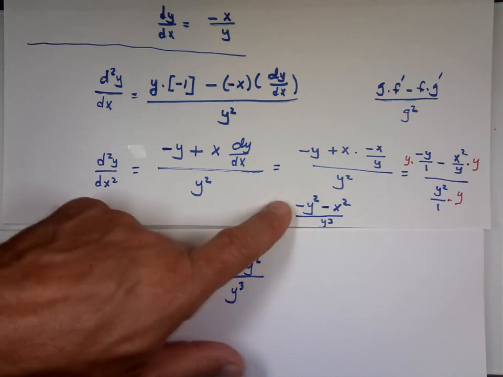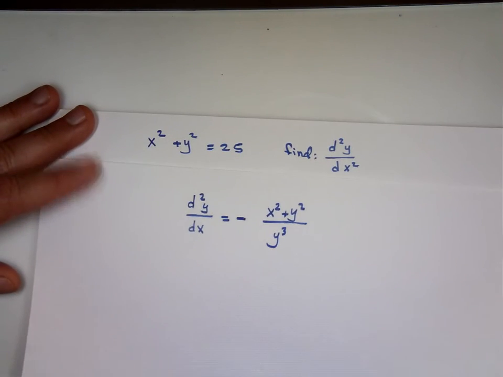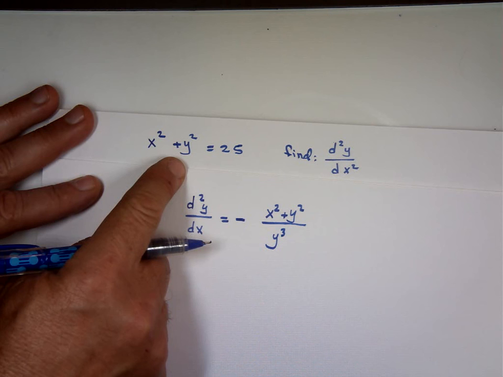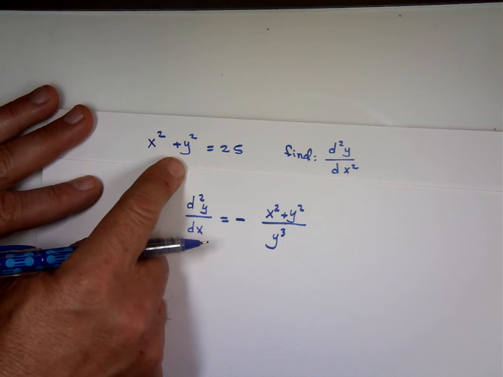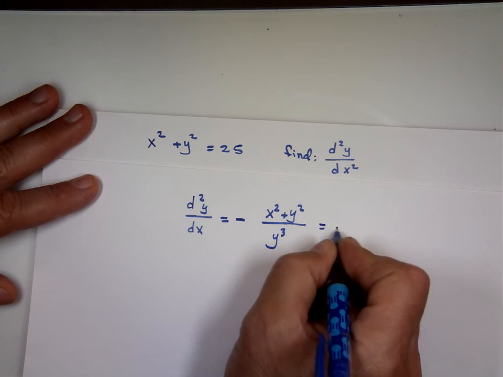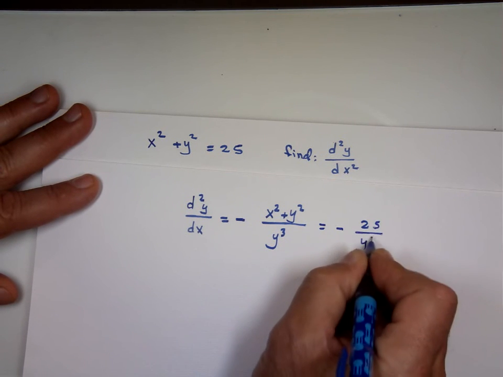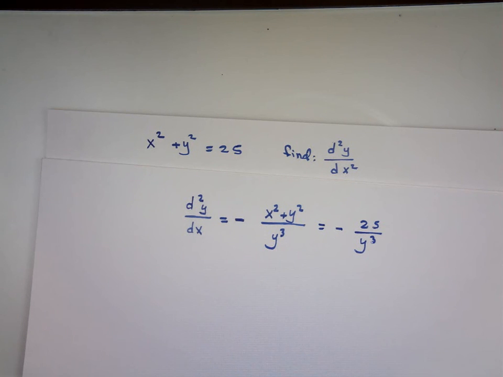The reason I pulled it out is because I took a peek here, and what's x squared plus y squared equal to? 25. So I can make that negative 25 over y to the third. Now I'm not sure where they want to stop. Couldn't tell you. Could be any spot.